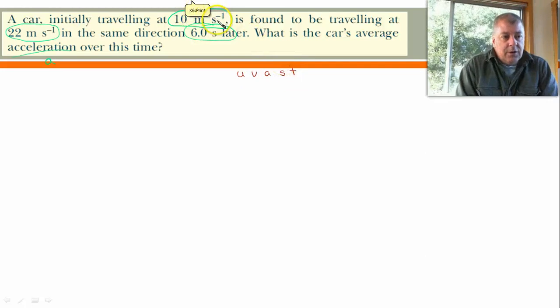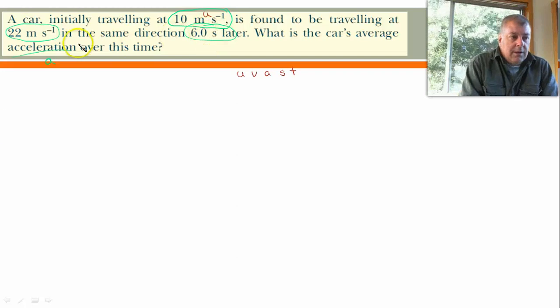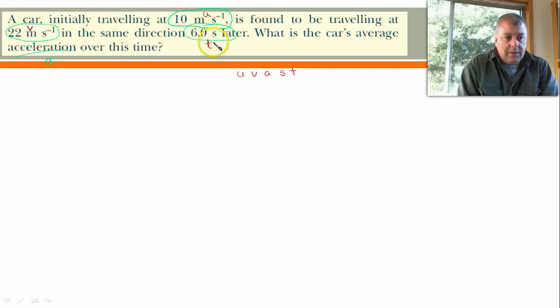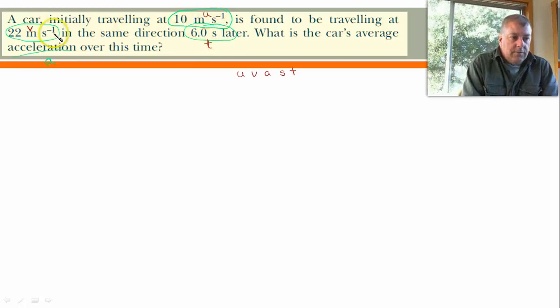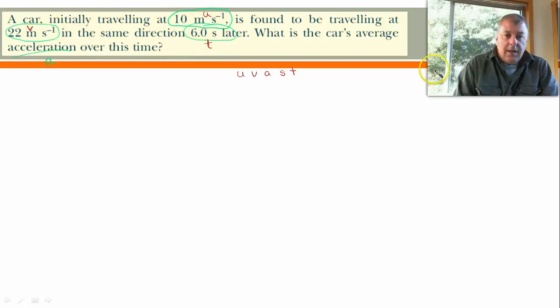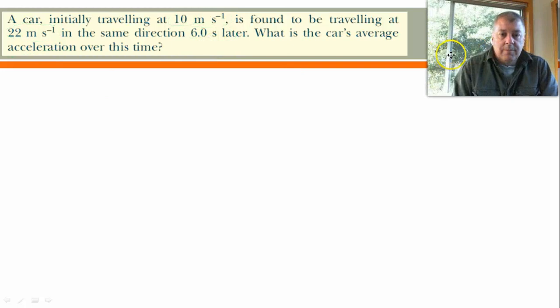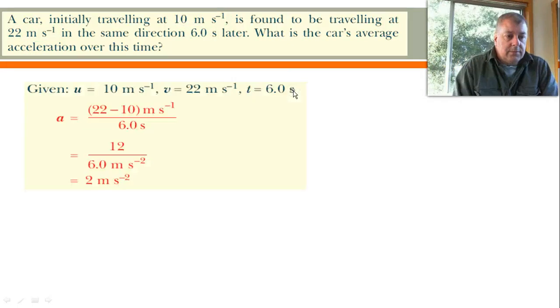Reading this, you'd recognize that here you're given U, here you're given V, and here you're given T. So we have an equation that relates U, V, A and T, and we can use that equation. Let's see how they do it.